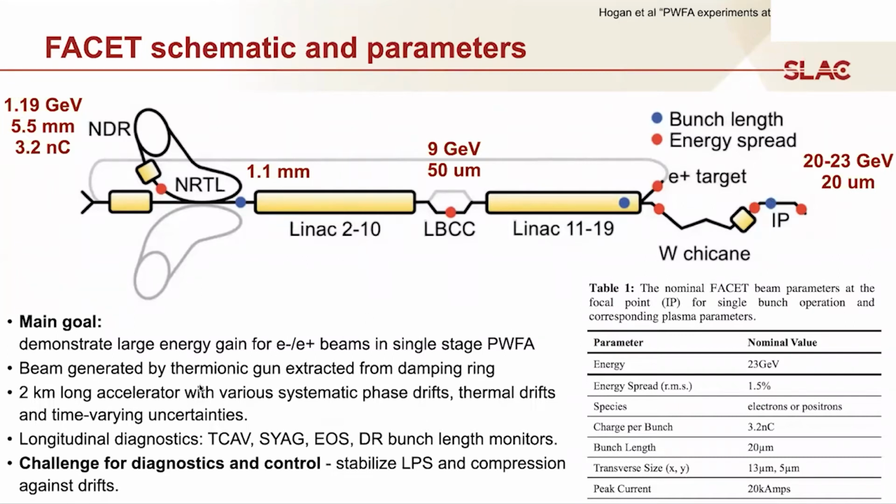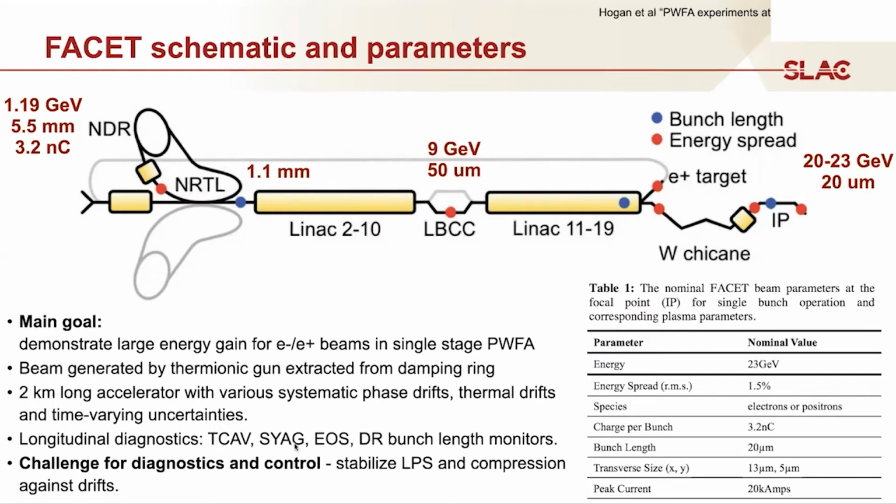As I said, the beams are generated by a thermionic gun, extracted from these damping rings. And this 2 kilometer long accelerator, being quite an old accelerator, has various systematic phase drifts, thermal drifts, and time-varying uncertainties associated with it. The longitudinal diagnostics present here were a TCAV located inside of the final chicane, which only streaked in one direction, so it didn't allow for bunch profile and energy measurements, but only bunch profile.